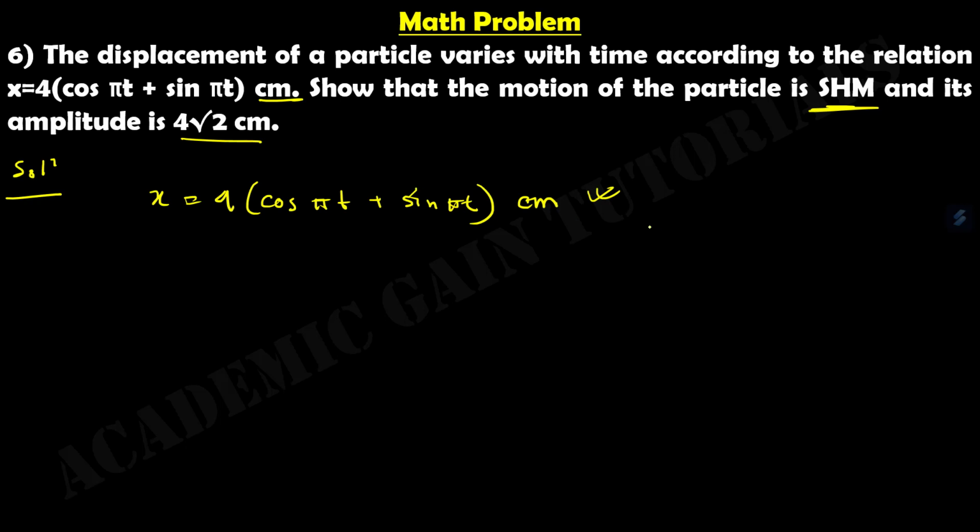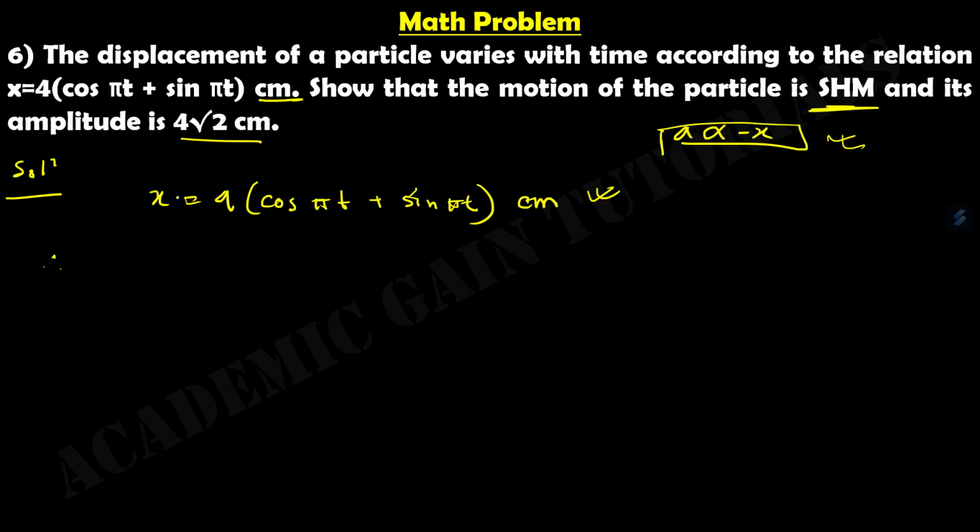We know that to prove anything is in simple harmonic motion, I have to prove this relation: acceleration is proportional to the displacement and the direction is opposite. So I only have to prove this equation. Then if this equation has this kind of relation, we can say that it is simple harmonic motion.